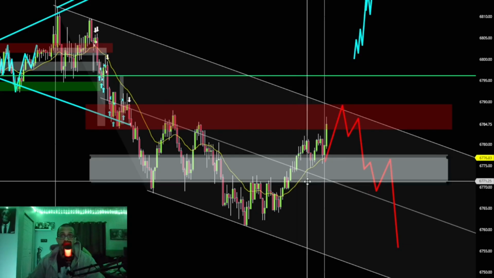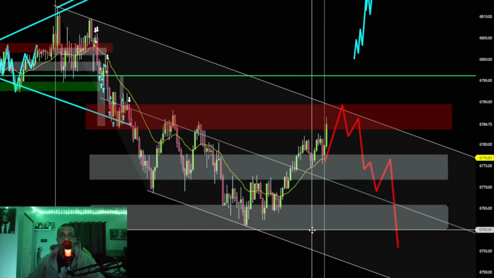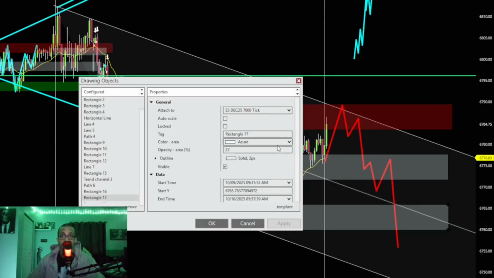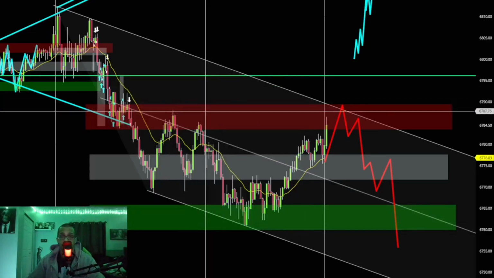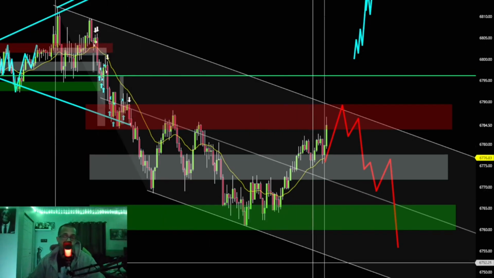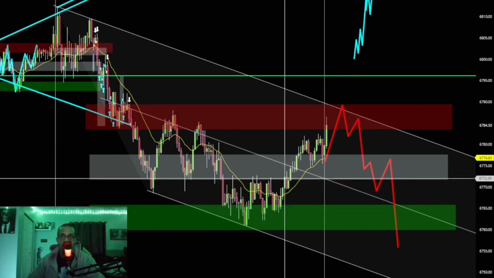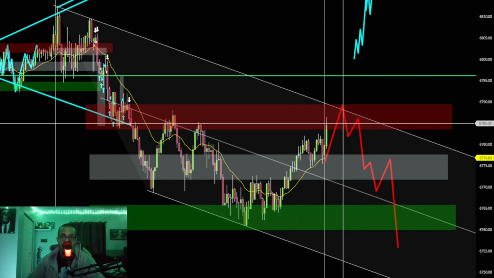So we got that there and this right here, okay? Gives us a little bit of structure. So this structure now that we have, if it's a range, that's fine. If it's a bigger move that's rotating lower, that's also fine. Essentially, what we're still looking for on both regards is a rejection off of this level, okay?